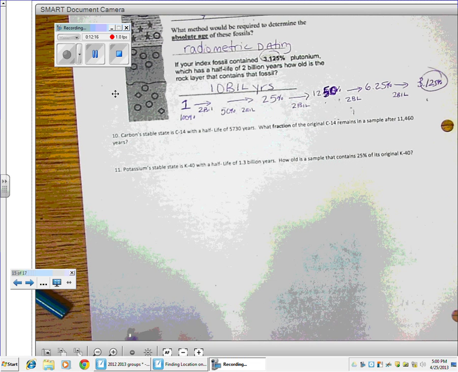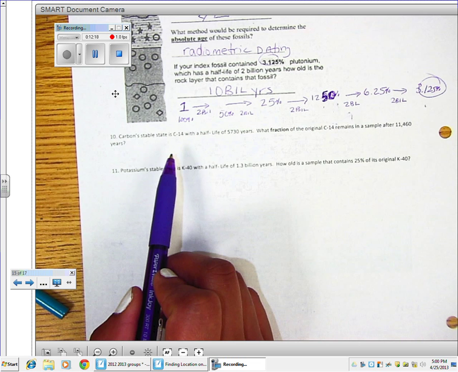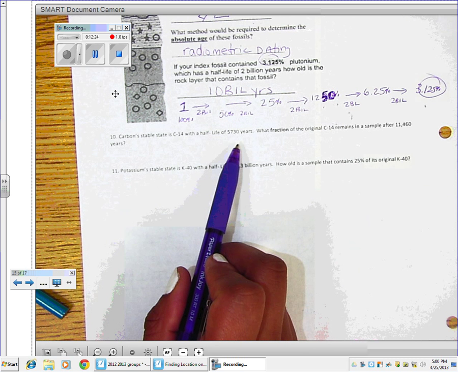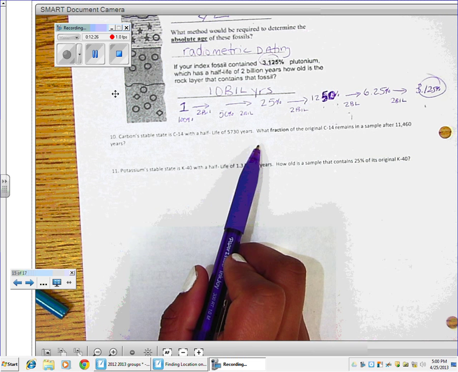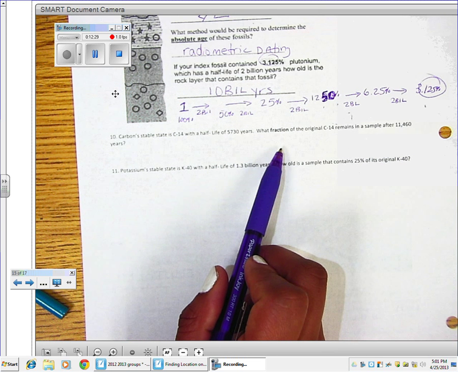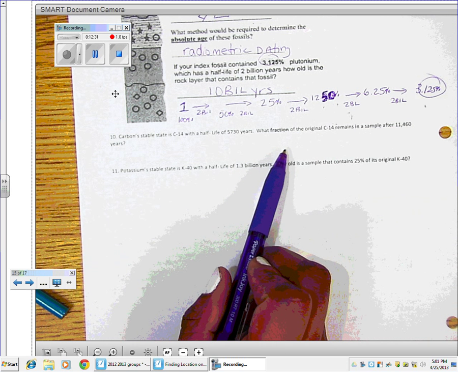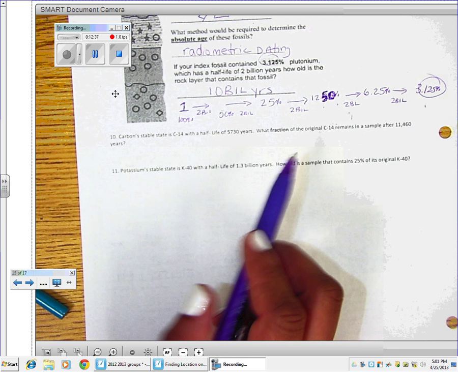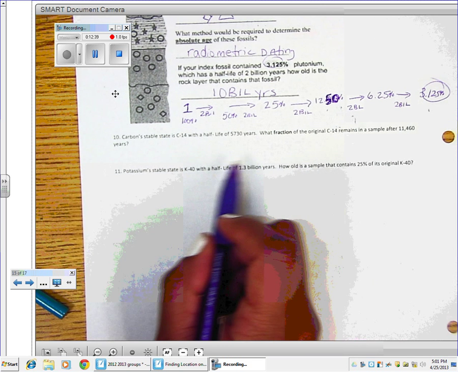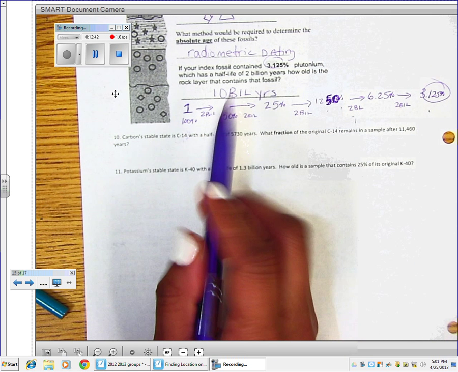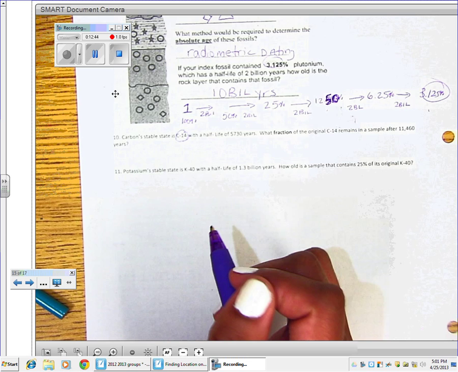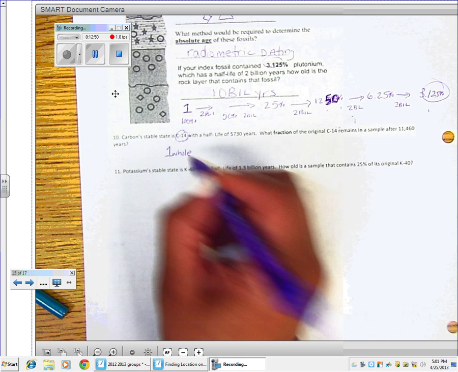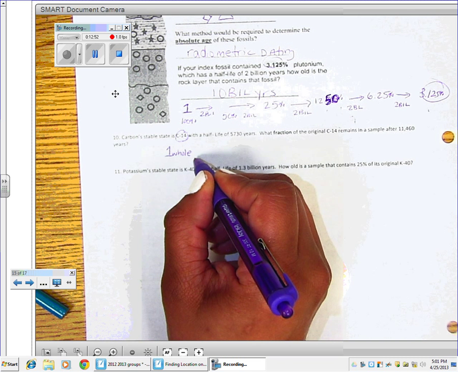All right, down here it says carbon's stable state is C14 with a half-life of 5,730 years. What fraction of the original C14 remains in a sample after 11,460 years? So, this C14 is just the name of the stable state. That 14 means absolutely nothing. So, we have one whole in no time. This is 0 time has passed.